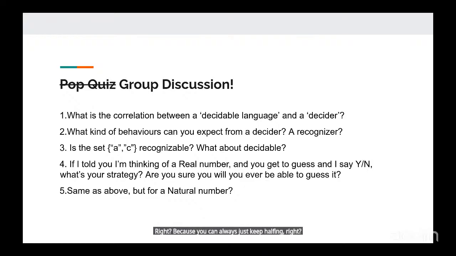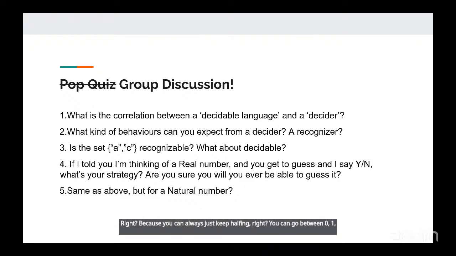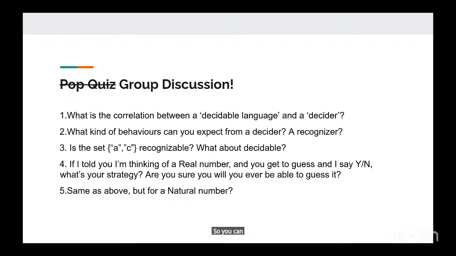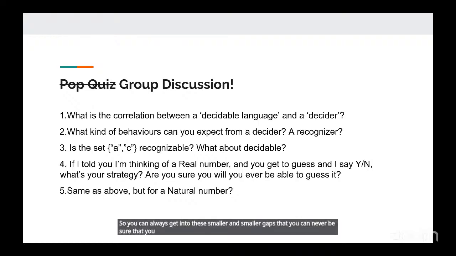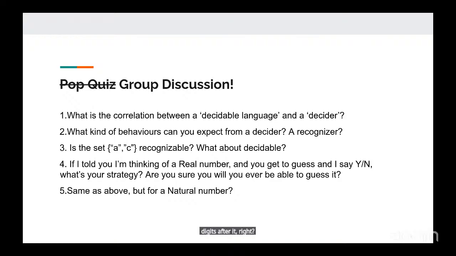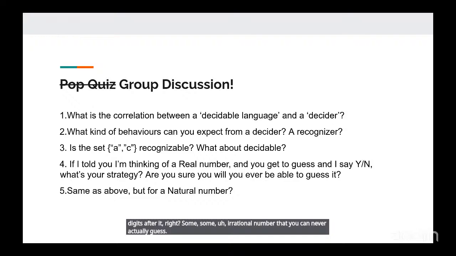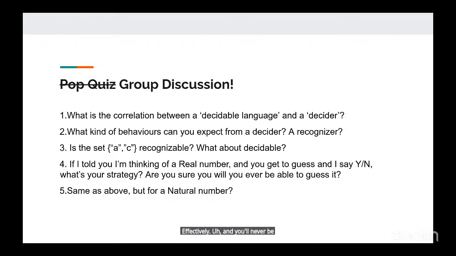You can guess 0.5, and then 0.25 and 0.125. So you can always get into smaller and smaller gaps, and you can never be sure you're going to exactly guess my number. Because I could choose some real number with effectively infinite digits after it, some irrational number that you can never actually guess, and you'll never be able to enumerate to it. Okay? Does that sort of make sense?